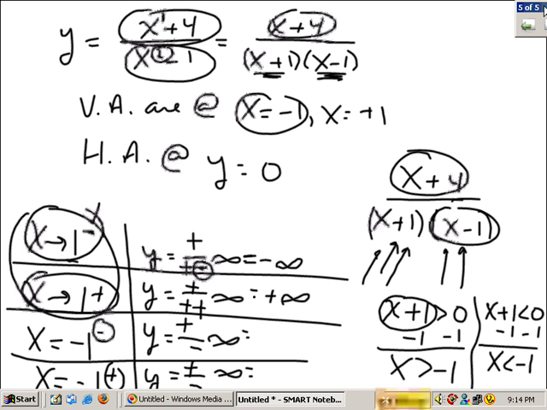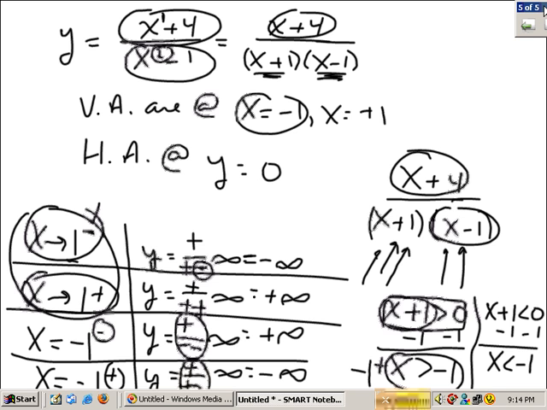I'm going to put a positive, because that's when x plus 1 is positive, when x is greater than negative 1. That means negative 1 with the plus sign. So it's going to be positive in the bottom, and it's going to be negative in the top. Their overall sign here is positive. The overall sign here is negative, so it's negative infinity.